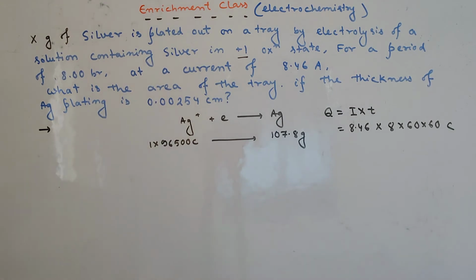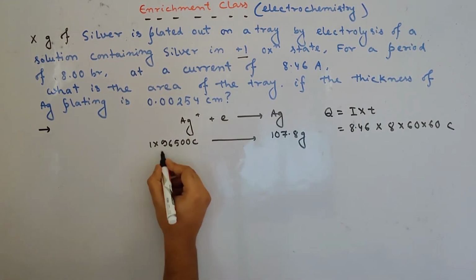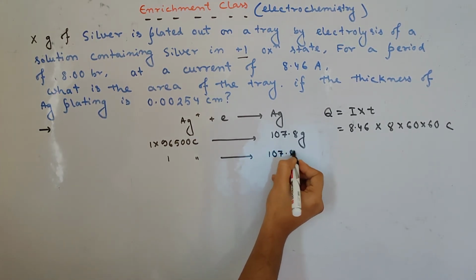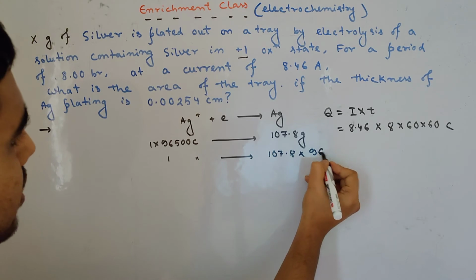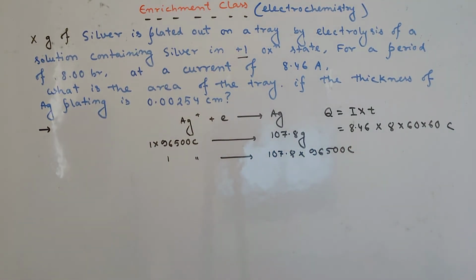So 96,500 coulomb will give you 107.8 gram of silver. We have to see, by passing this much electricity, how much silver we can deposit.